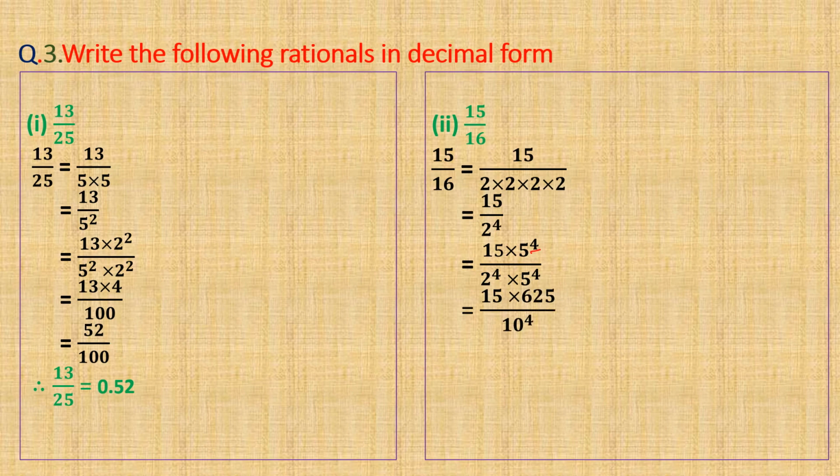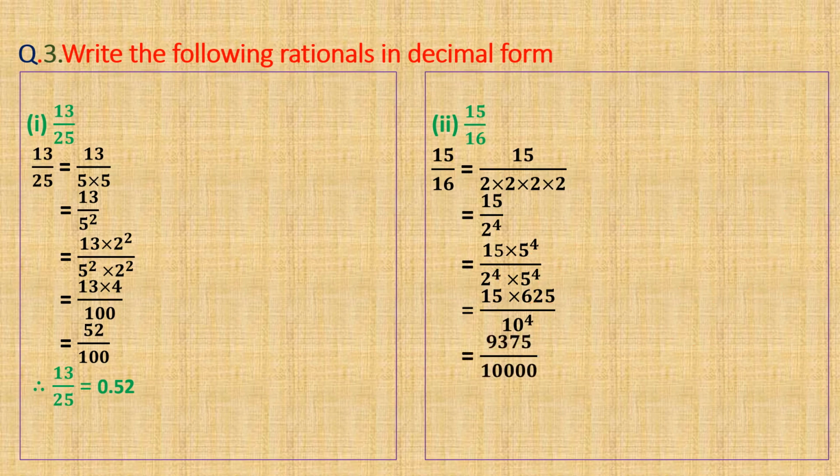5 power 4 is nothing but 625. So 2 into 5 whole power 4, so 10 power 4. Clear? We are making the powers the same. When the powers are the same, you can directly write 10 power 4. Now do the multiplication for this one and put the number of digits after the decimal, like this.